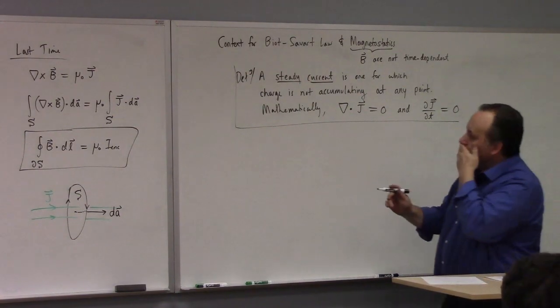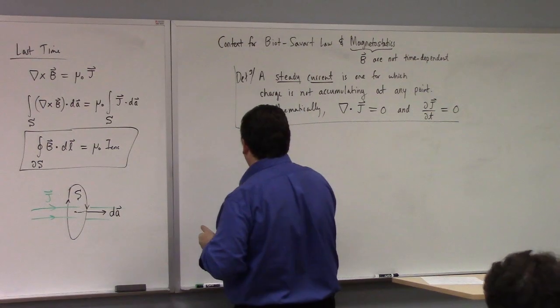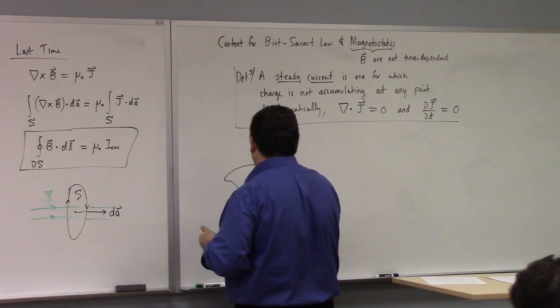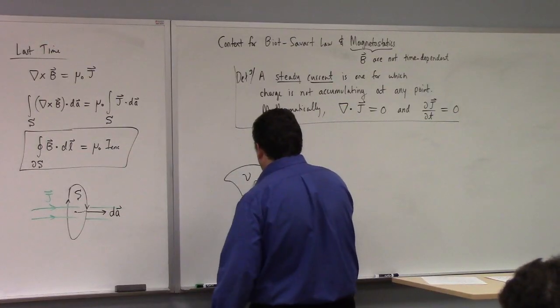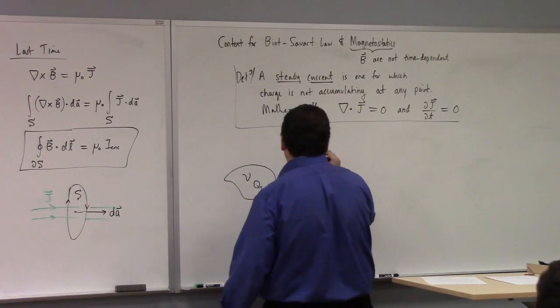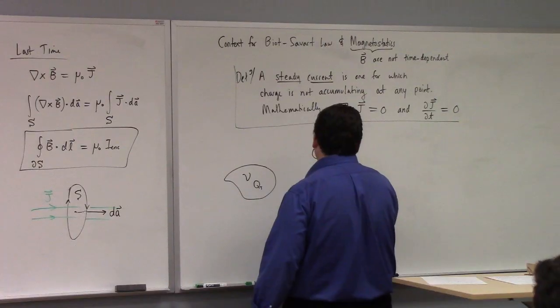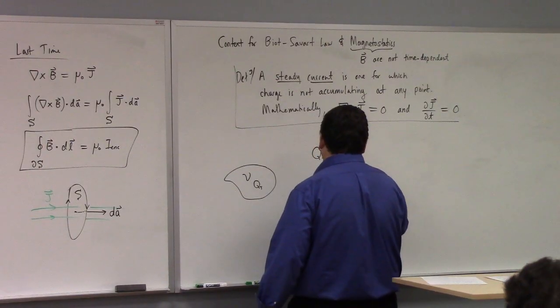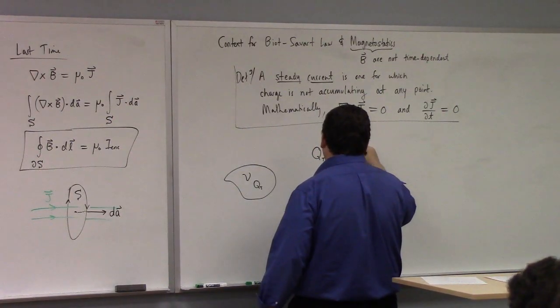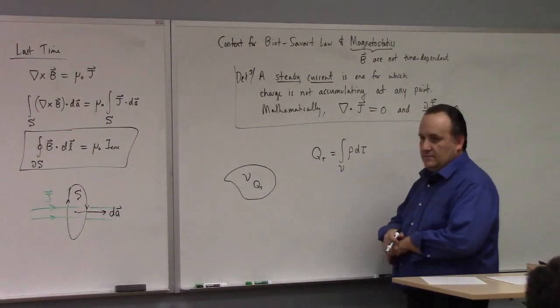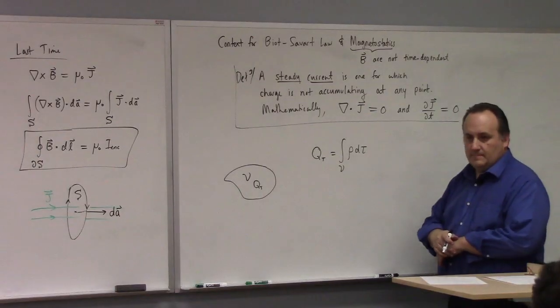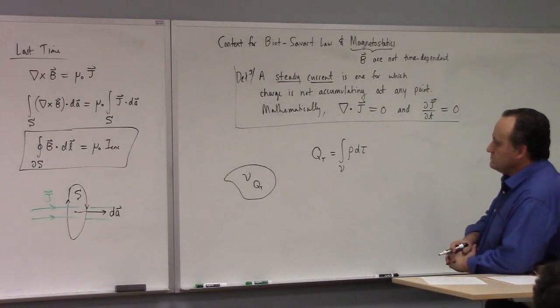So if you think about some volume V, and we wanted to talk about the total Q in here. What would be the total Q in that volume? We'd integrate over the volume the charge density times d tau, right?